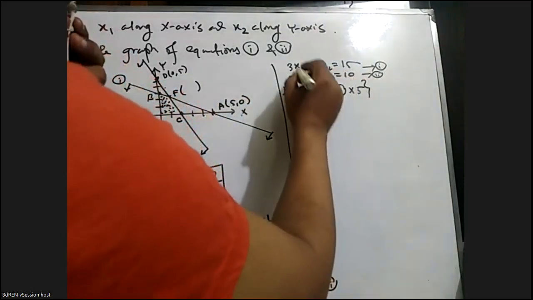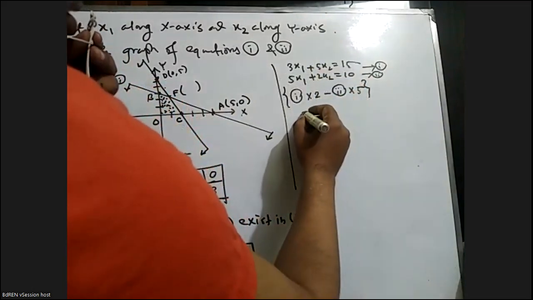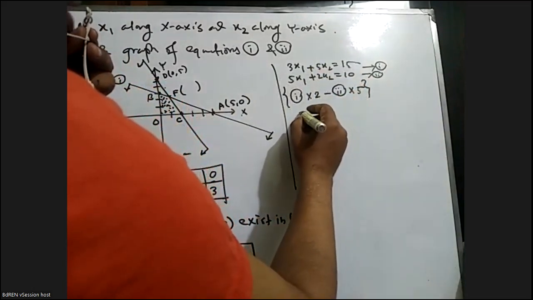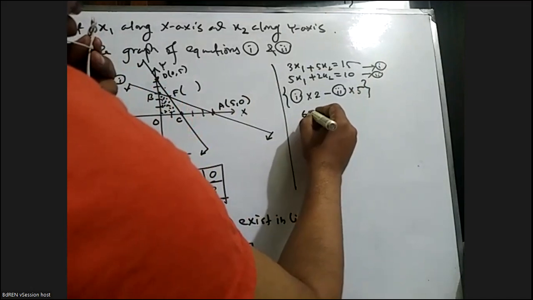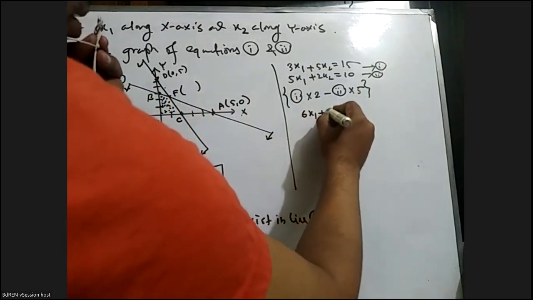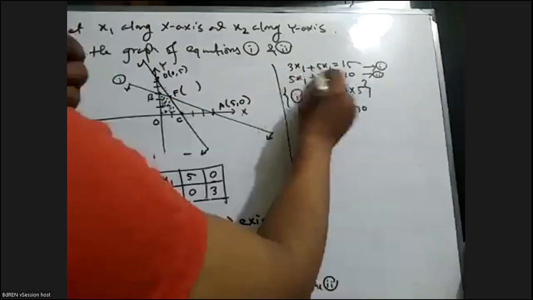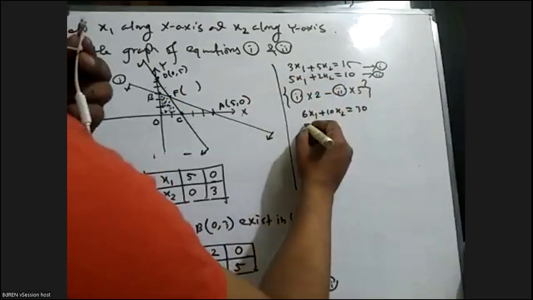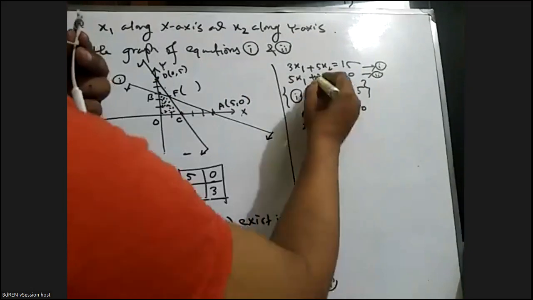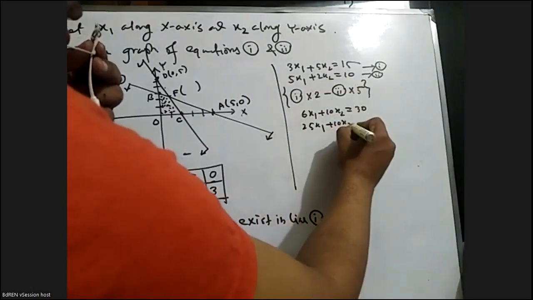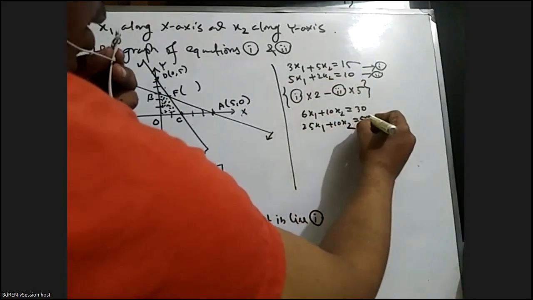Equation 1 multiplied by 2 gives 6x1 plus 10x2 equals 30. And equation 2 multiplied by 5 gives 25x1 plus 10x2 equals 50.